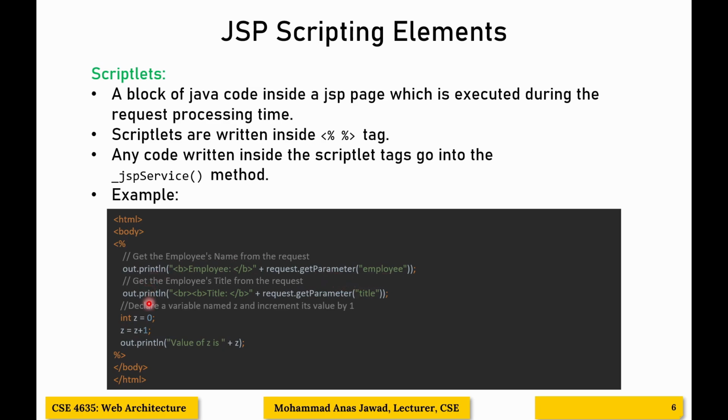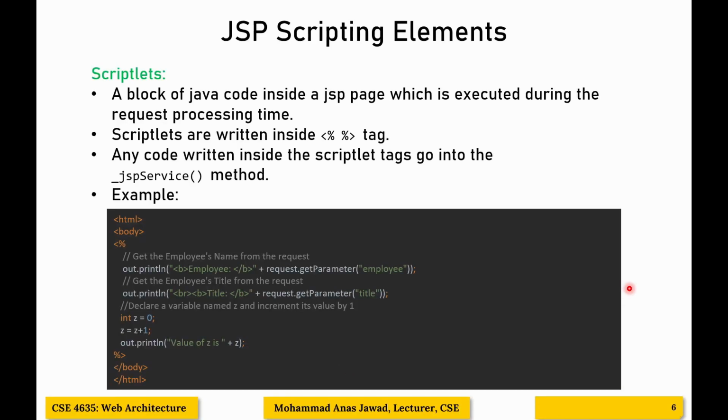Similarly, we are also printing the title of this employee that we have received from some form in a previous page. Next, we have also defined a variable called z. We have incremented its value by 1. And finally, we are printing the value of this variable inside our JSP page. So in this way, you can write or define JSP scriptlets inside your JSP page.